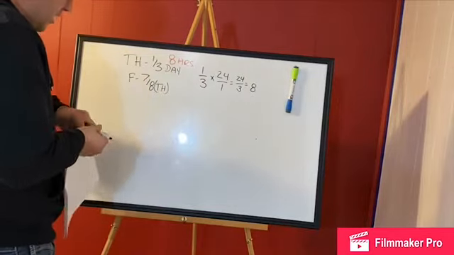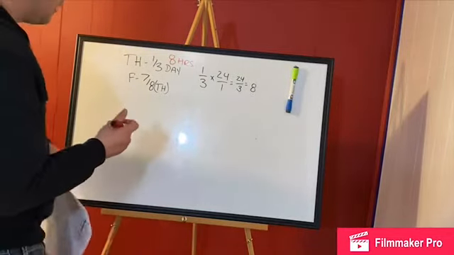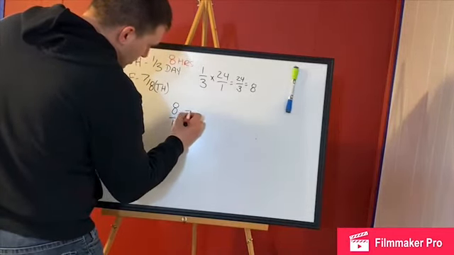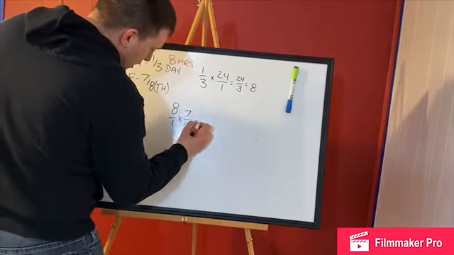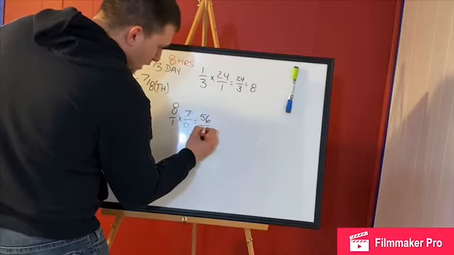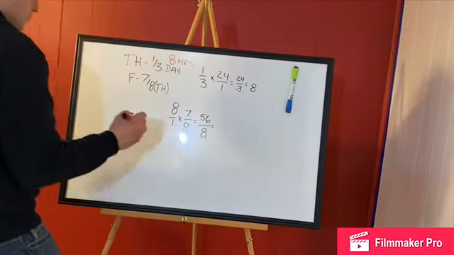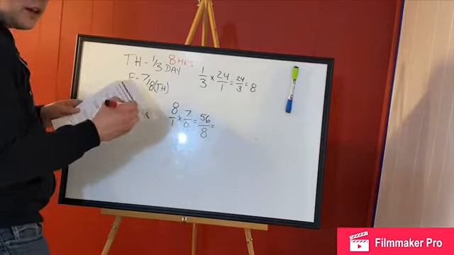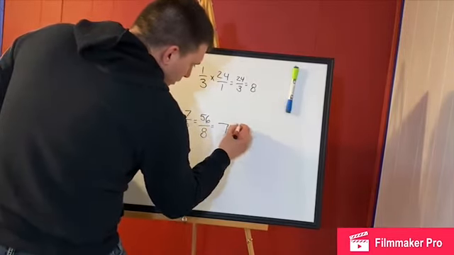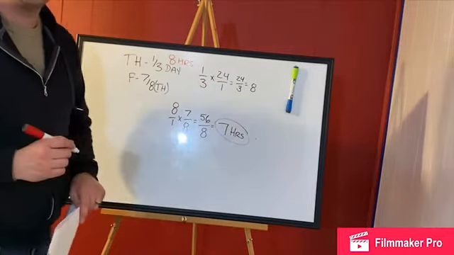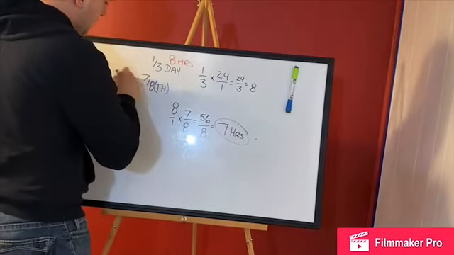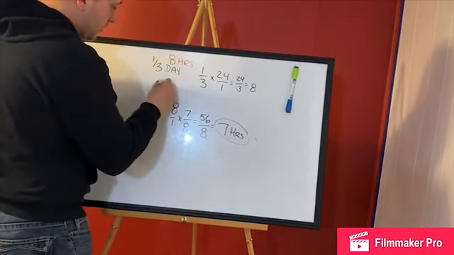Okay, so now if we're trying to figure out 7/8 of that, we take 8 over 1 times 7/8, and that gives us 56 over 8, and we divide that out, and we get 7 hours is what he slept on Friday. So erase this, and we will get the last problem in here.